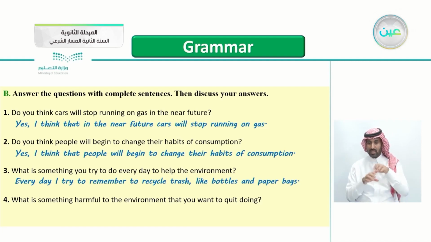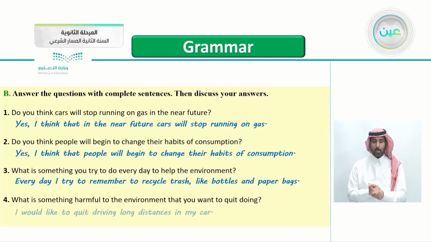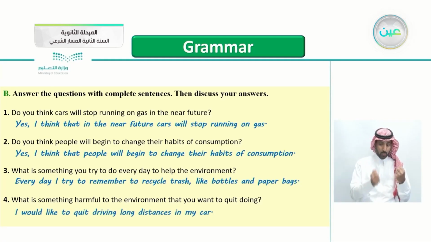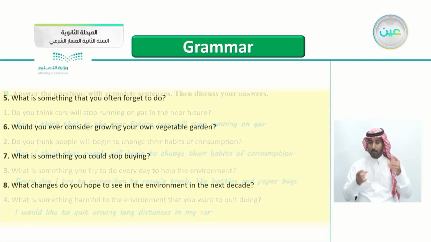Anything that you are doing that you want to quit because it is harmful to the environment. For me here, I wrote, I would like to quit driving. Quit driving. Here I used the gerund with the verb quit. I would like to quit driving long distances in my car, of course, in order to save the environment.